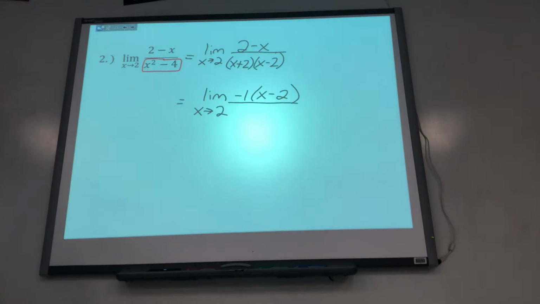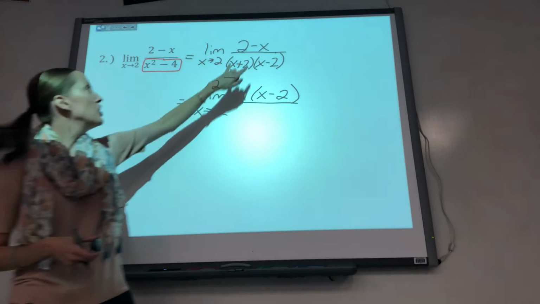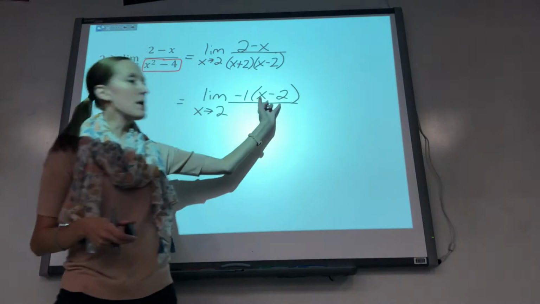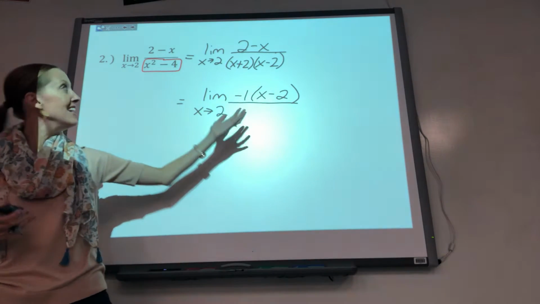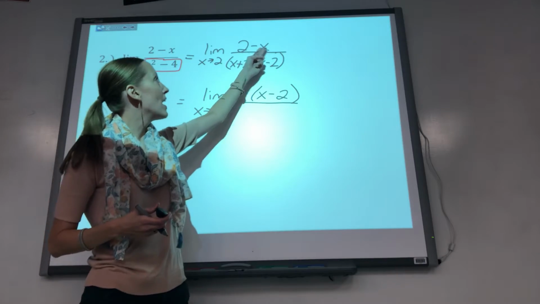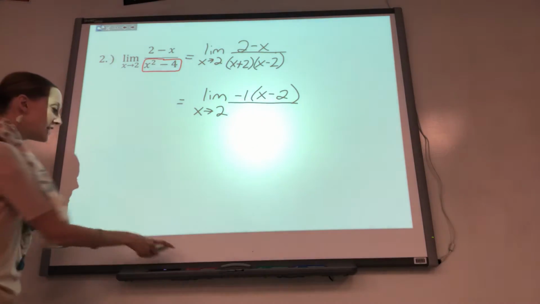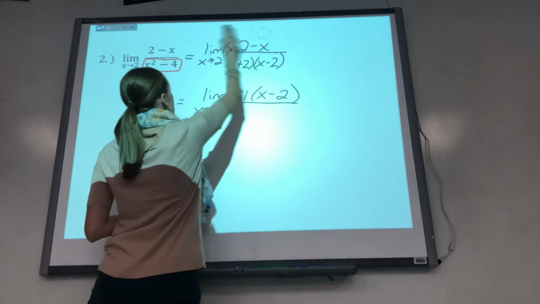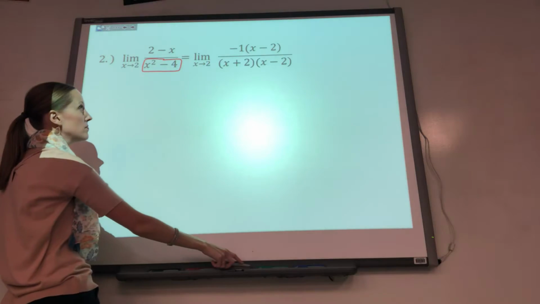So the main idea here is that if you pull out a -1, you can flip those two terms around the minus sign. I showed you how it looked technically with the -2 plus x, but you don't really have to write it like that. Once you see how it works, it's the same as x minus 2.